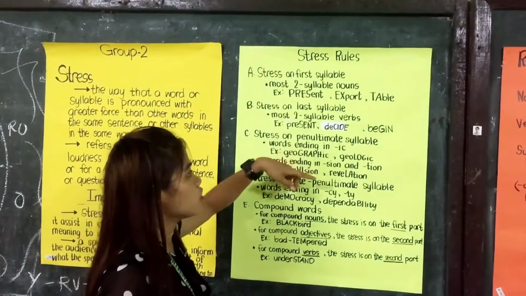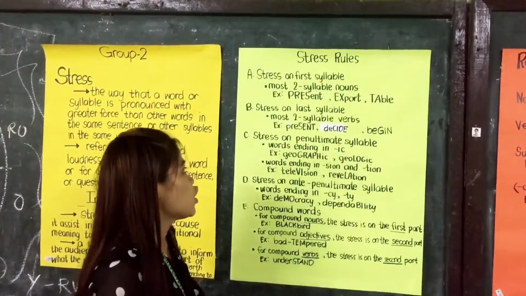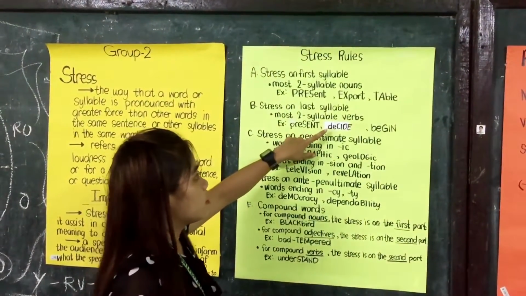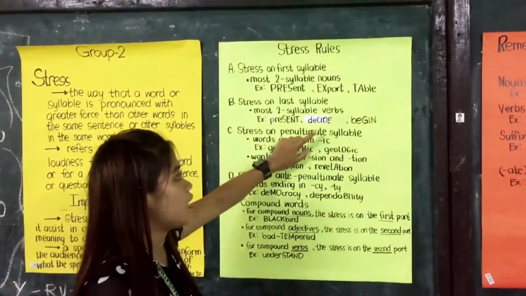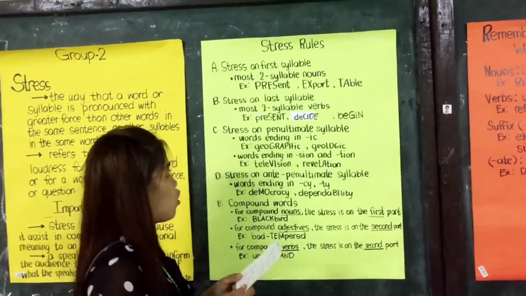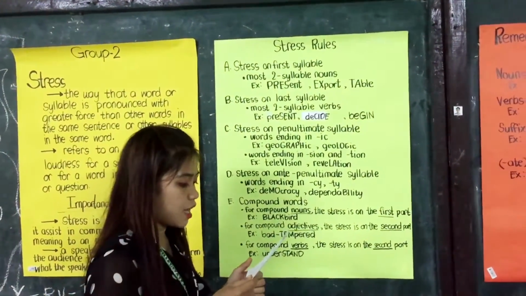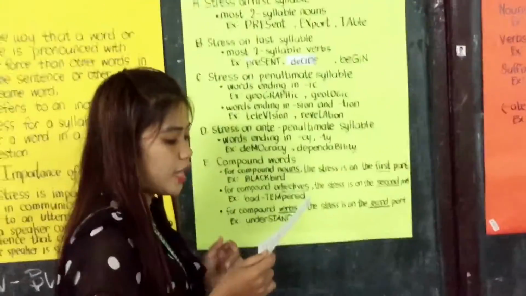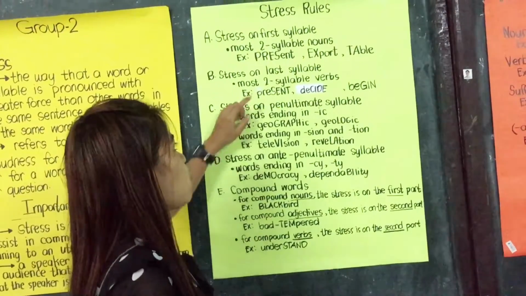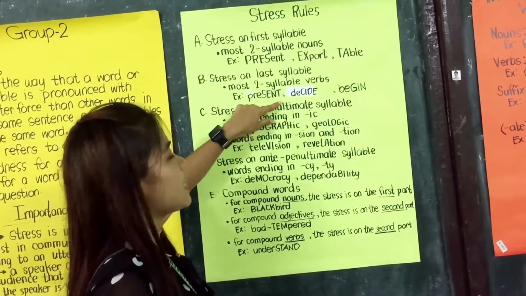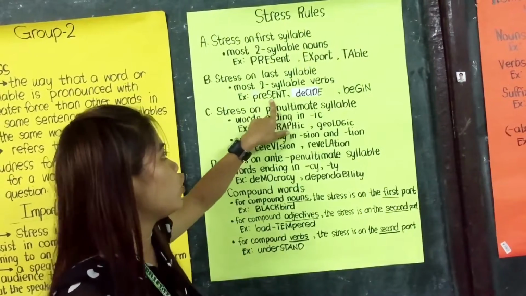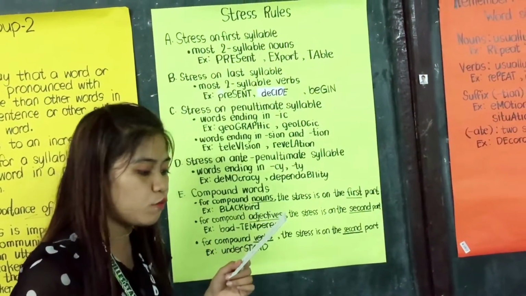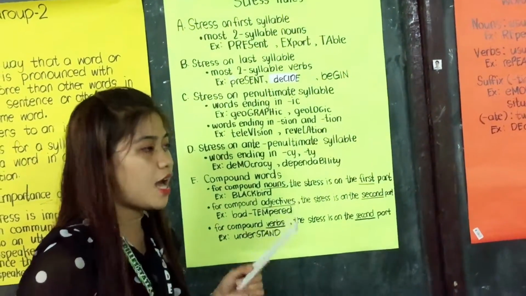Then the stress falls on the last syllable for most two-syllable verbs. Examples are present, decide, and begin. He presents the queen with a diamond necklace. So the verb here is present, stressed on the second syllable. Then the second one: a few hundred votes would decide the election.